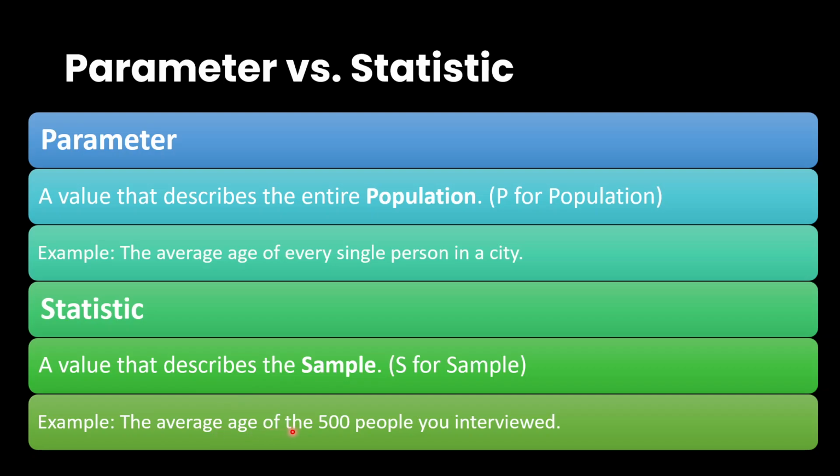The average age of the 500 people you have interviewed becomes a statistic. One easy method to remember: the word parameter starts with P, so it represents population. The word statistic starts with S, so it represents sample. So it will be easy for you to remember. Parameter is for population, statistic is for sample.